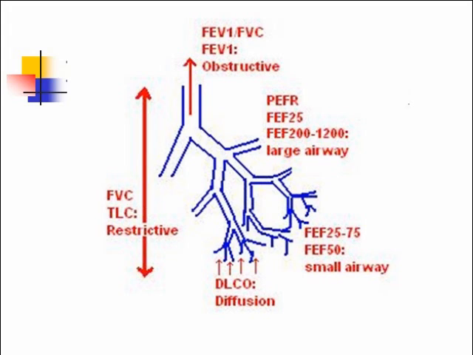And further down, as we exhale the air out, then we're picking up the air in the small airways, and we detect that by the FEF 25-75 and the FEF 50%. At the very base in the alveoli, at the bottom of this image, you can see where the DLCO is. That's the diffusion.